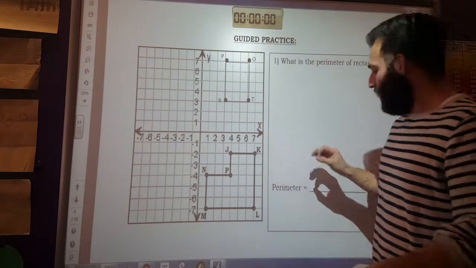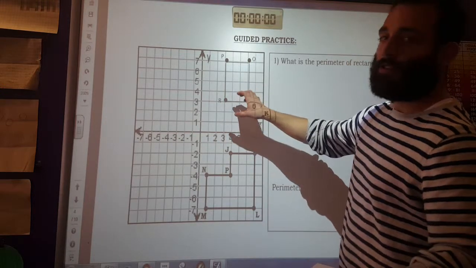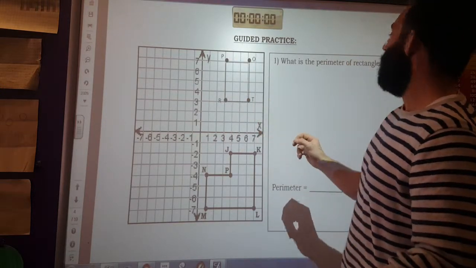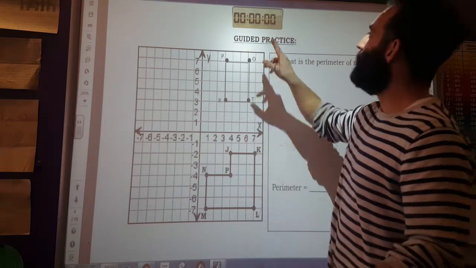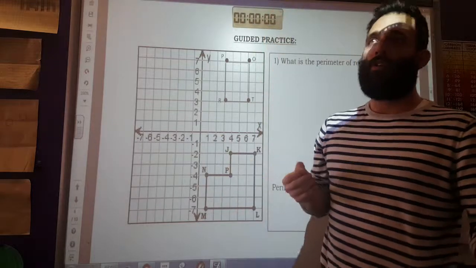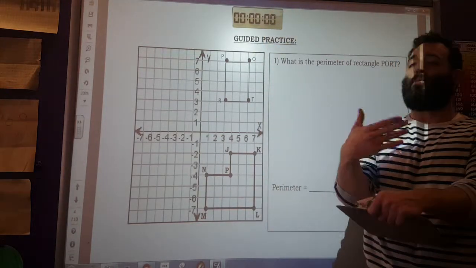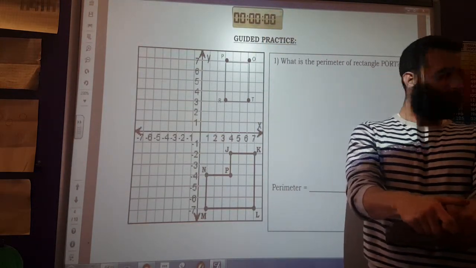Now, I'd like you to find the side lengths of the rectangle PORT. Go ahead and take 30 seconds to find the perimeter, the lengths.